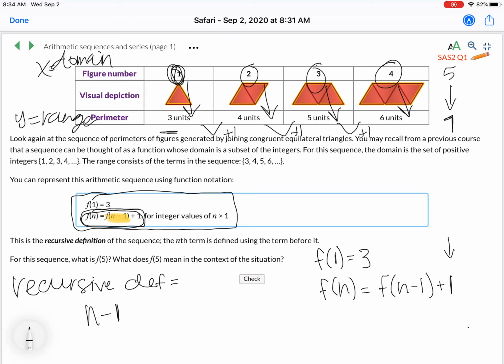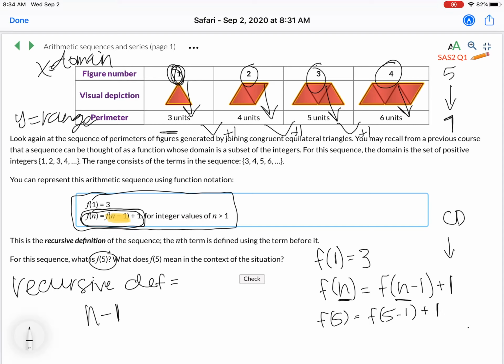This plus 1 is our common difference. Whatever term you are looking for is what you plug in for the letter n, here and here. We are looking for f of 5, so f of 5 equals f of 5 minus 1 plus 1.